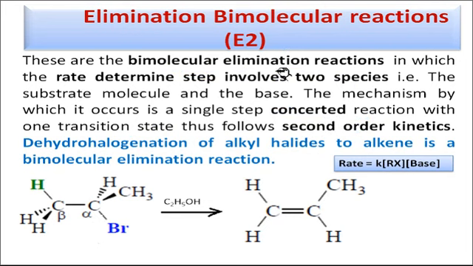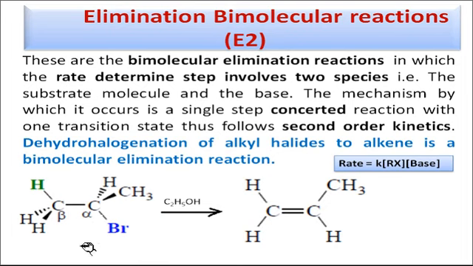So these are the elimination reactions in which elimination takes place in a single step, and in that single step two molecules are taking part. What are these two molecules? One is the substrate molecule, second is the base. That is why these follow the second order kinetics.